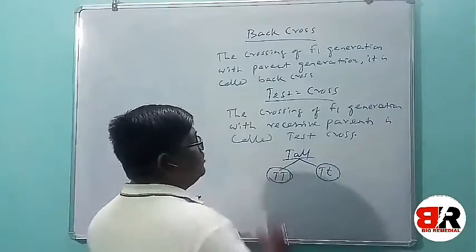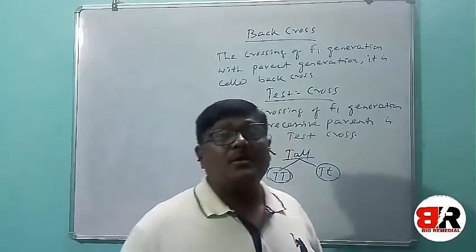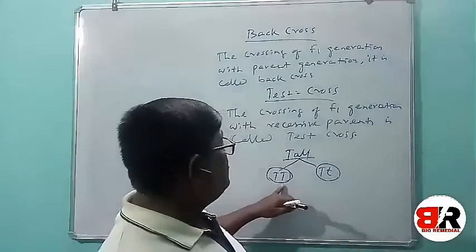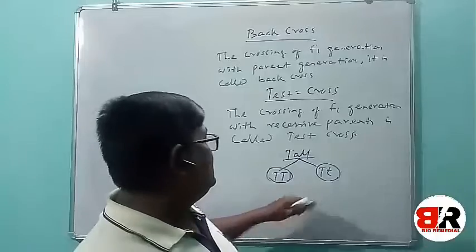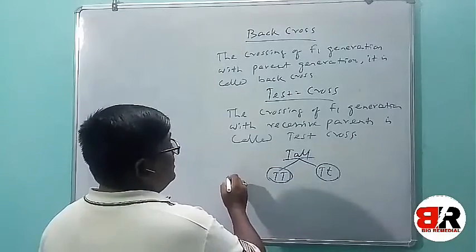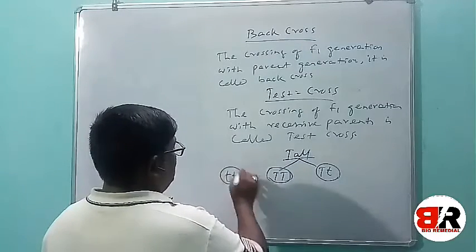We have to identify which condition is given to us. By test cross we can identify the organism. We cross it with the recessive parent, which is small t small t.